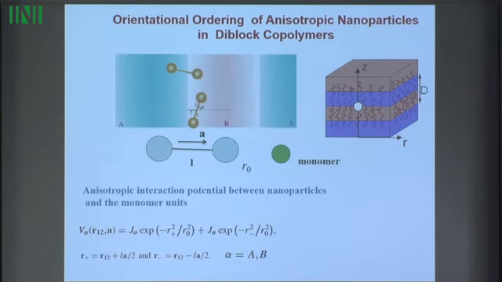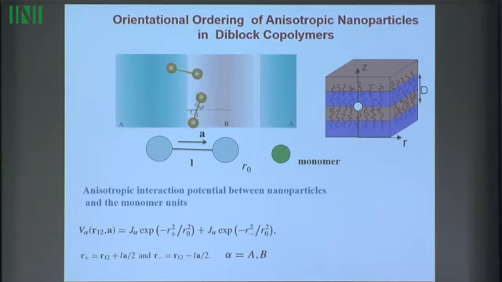And so now if we look more closely, let us model our nanoparticle by a dumbbell for simplicity, and we assume that this sphere, say, likes the monomers in block B, and it hates the monomers in block A. And so now imagine that this nanoparticle is somewhere in the middle of the block.